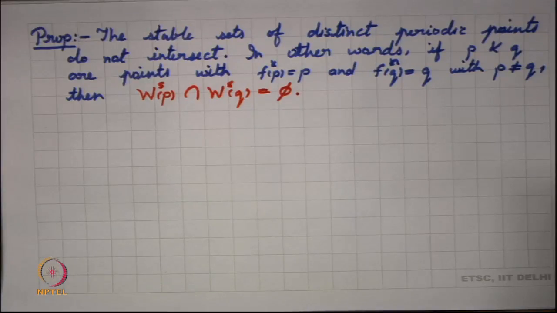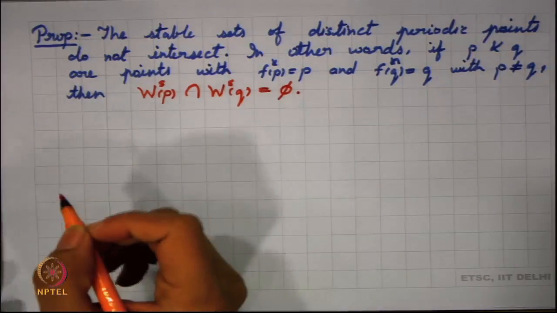That means, if I have P and Q to be two periodic points, and if K is the period of P and N is the period of Q, then we have the stable set of P disjoint from the stable set of Q. Now, let us look into the proof of this proposition.